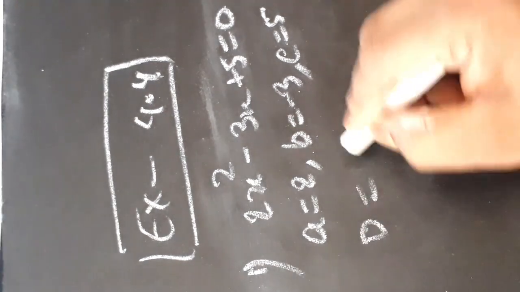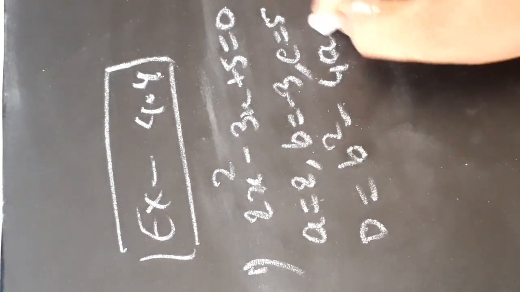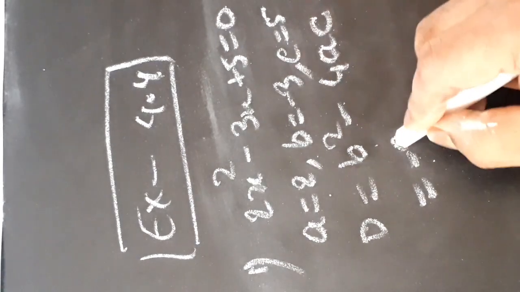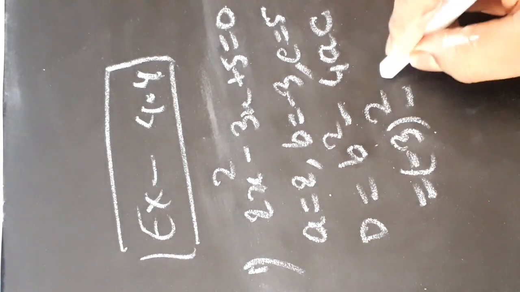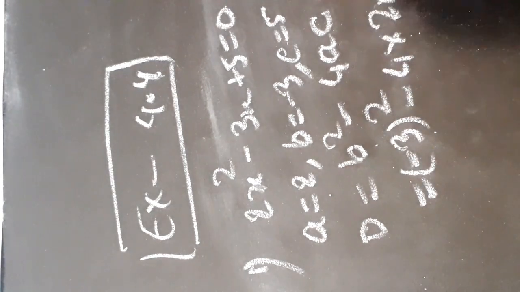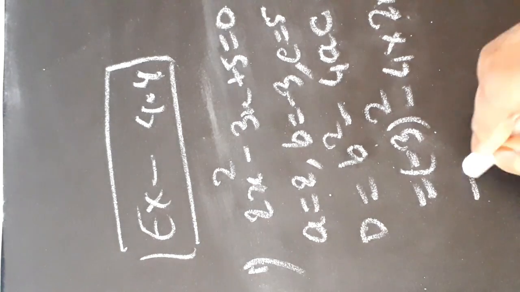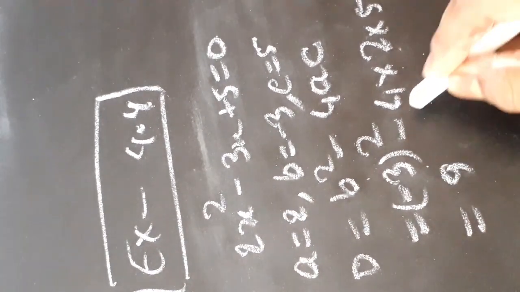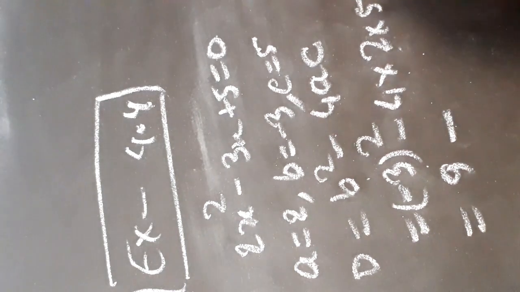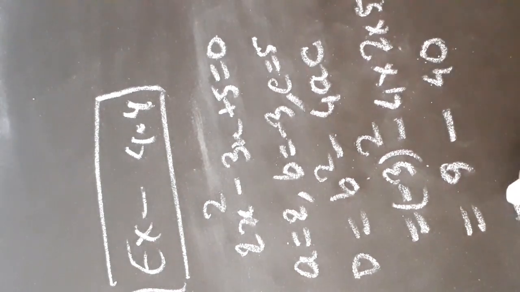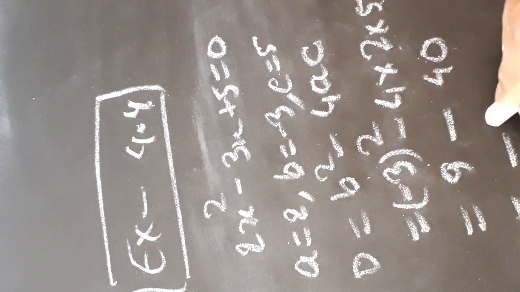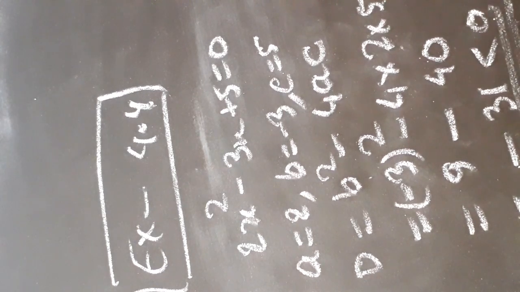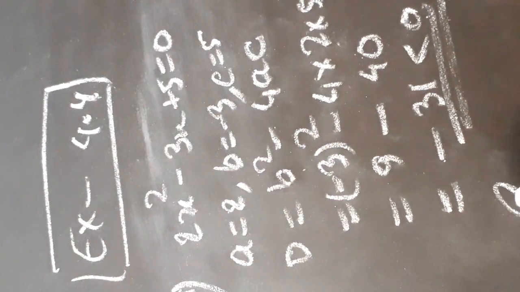Then D = b² − 4ac. In place of b we put −3, minus 4 into a into c, that is 4 into 2 into 5. 3 square is 9, minus 4 times 2 times 5 is 40. 9 minus 40, we get −31. It means it is less than 0. Then roots are not real.